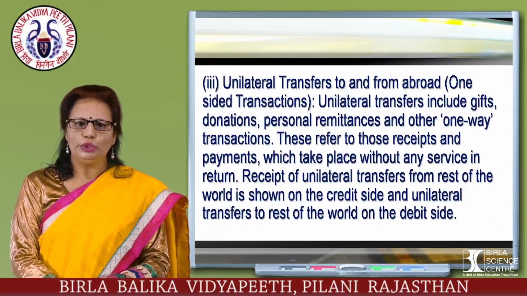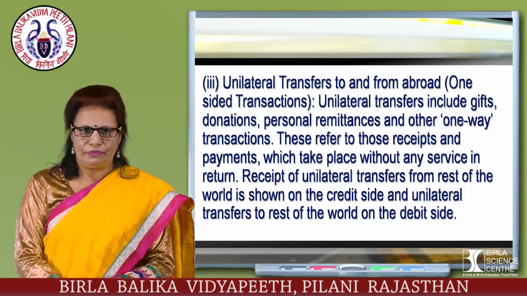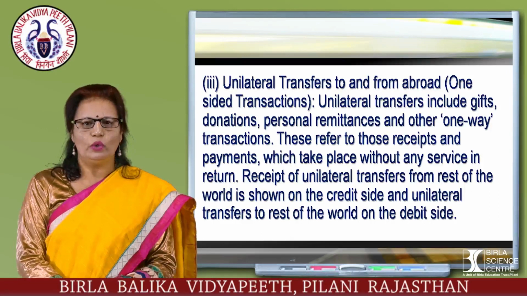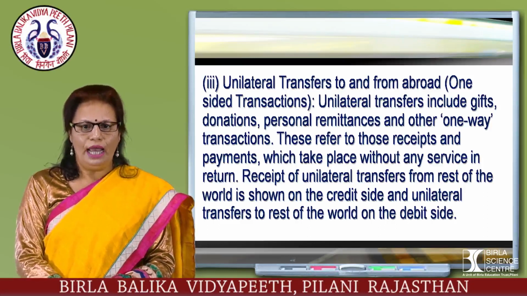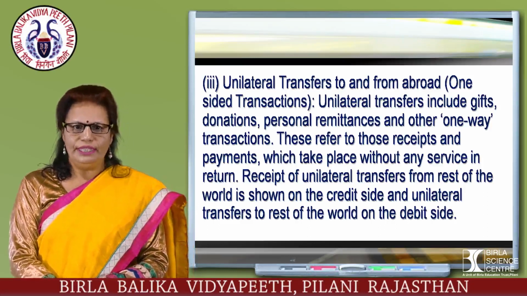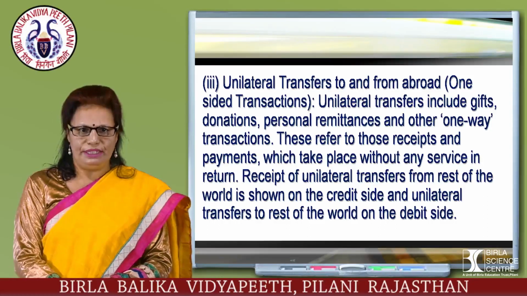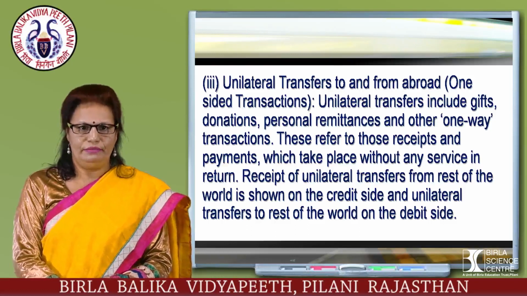Unilateral transfers to and from abroad are one-sided transactions. Unilateral transfers include gifts, donations, personal remittances, and other one-way transactions. These refer to those receipts and payments which take place without any service in return.